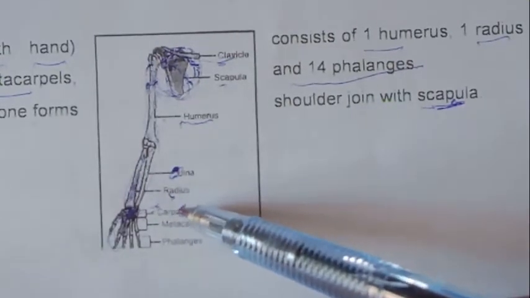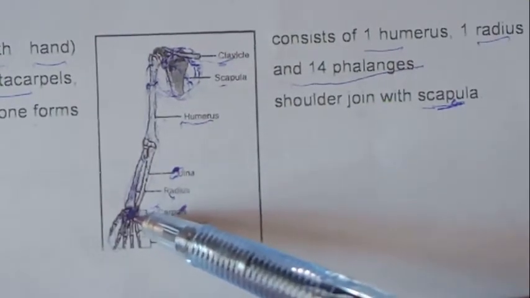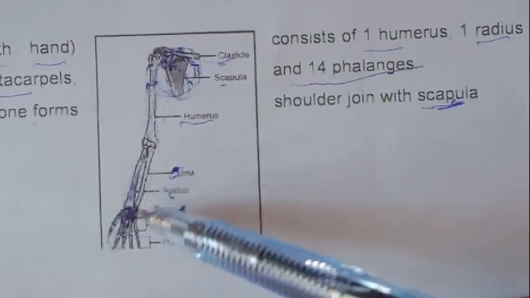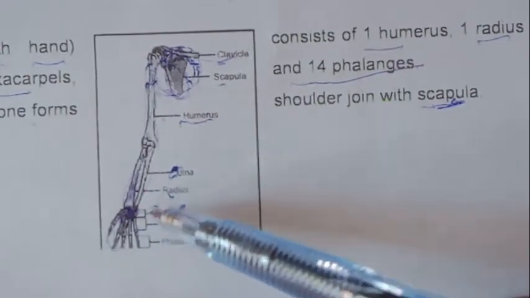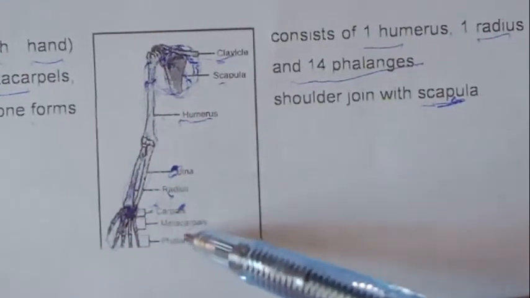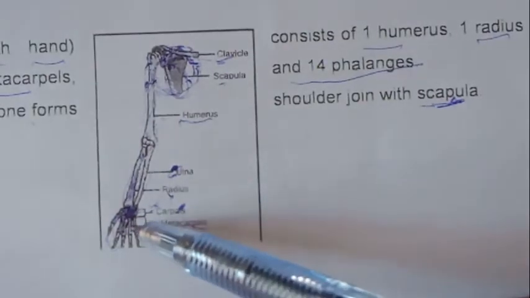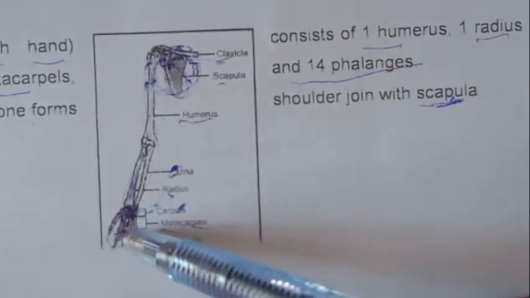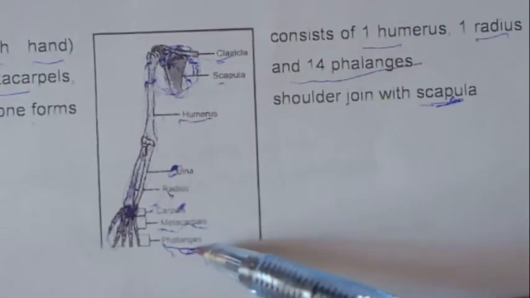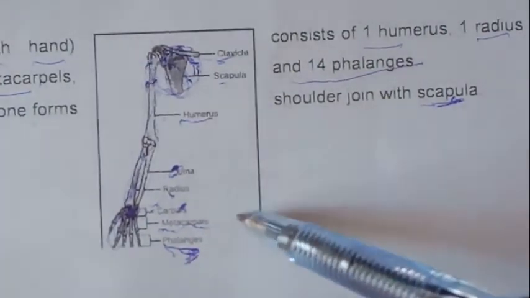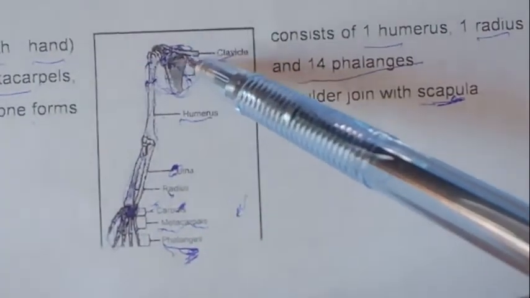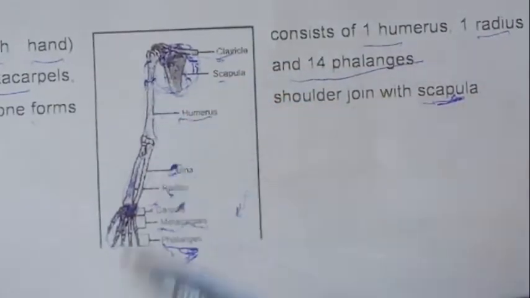These are called carpals. And between the fingers and the wrist region, the 5 bones are called metacarpals, and the 14 finger bones are called phalanges. So this is the structure of pectoral girdle and forelimb.